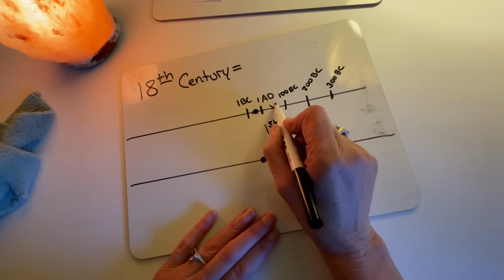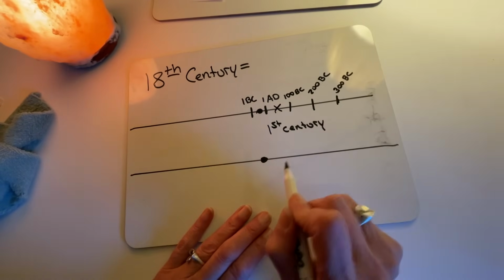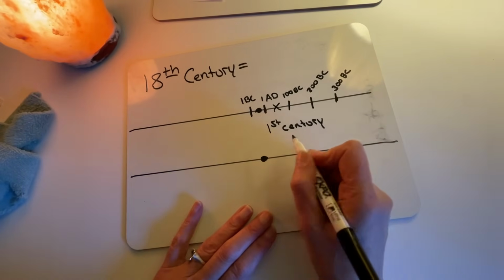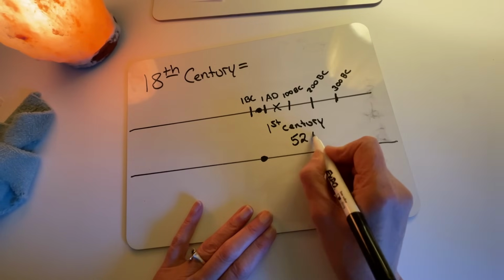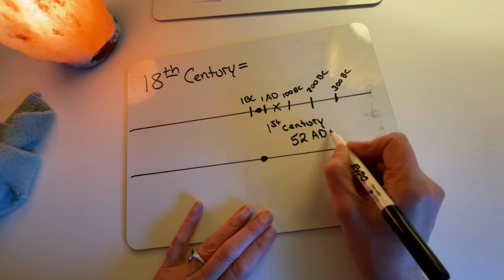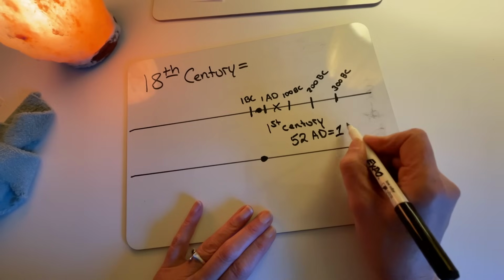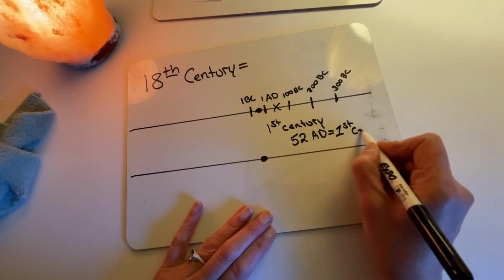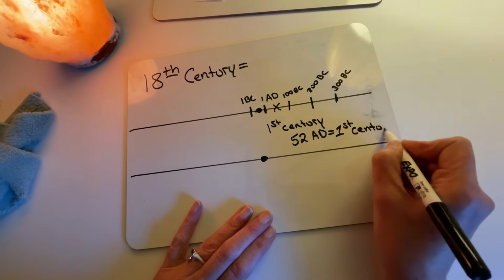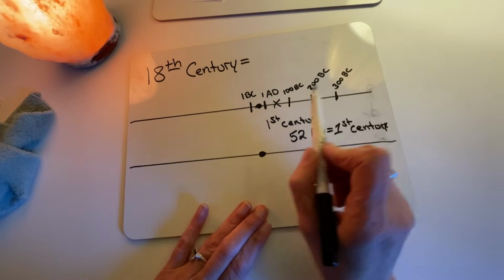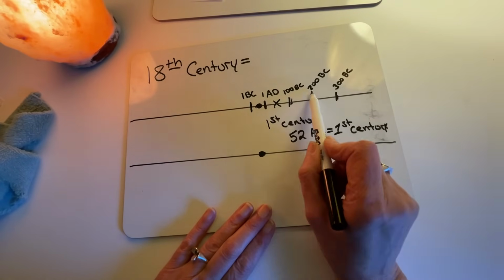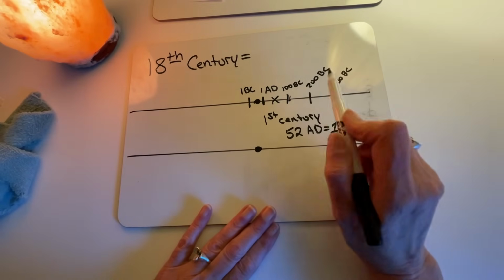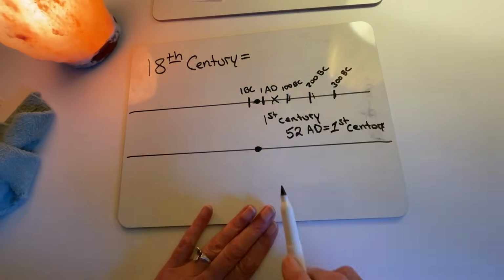So right in here is the first century, which means that the year, like year 52 AD, is within the first century. So the second century is year 101 to 200. The third century is year 201 to 300.